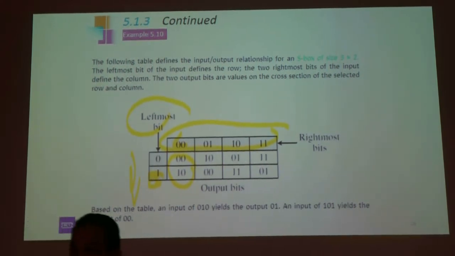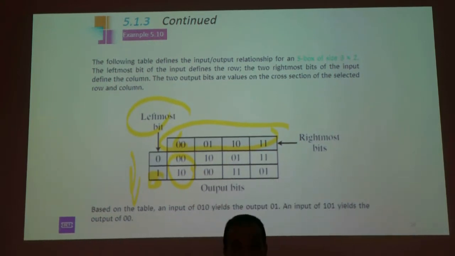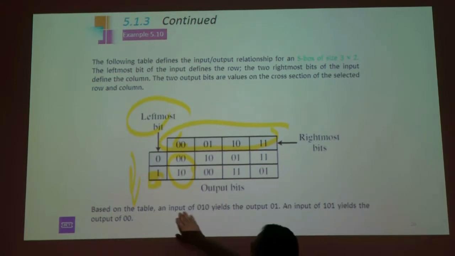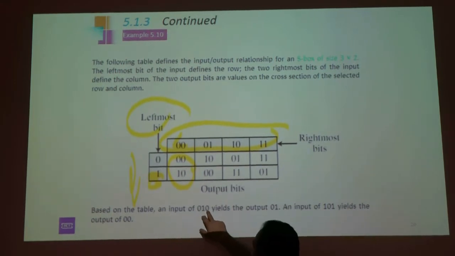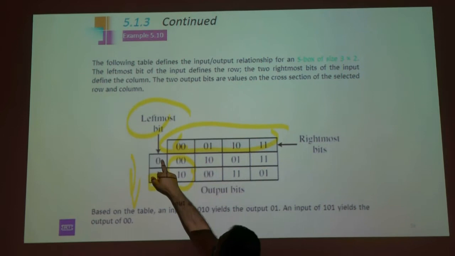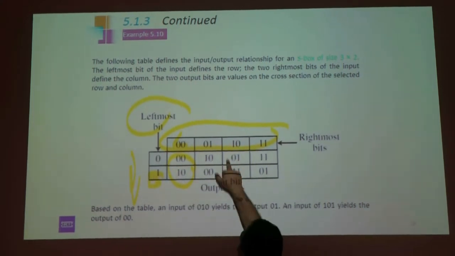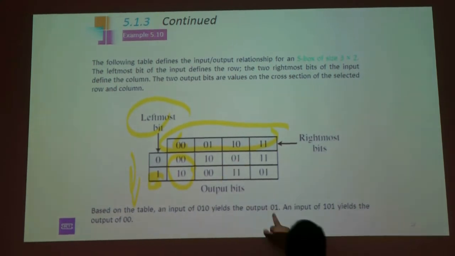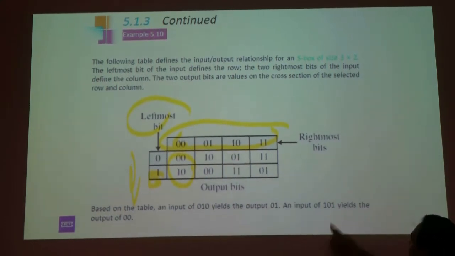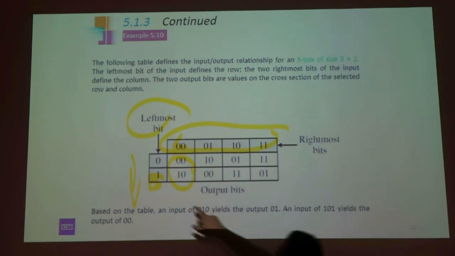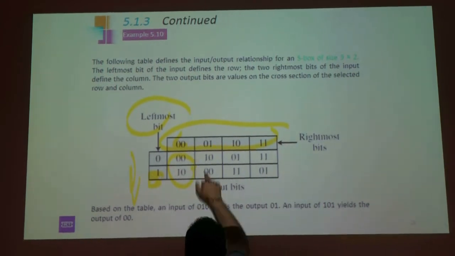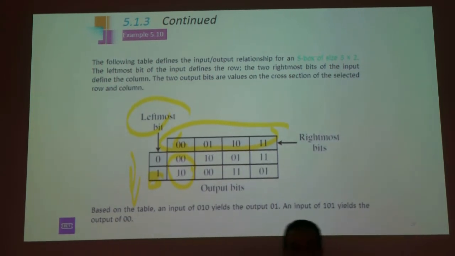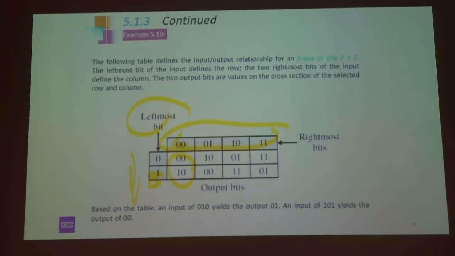Compression. I'm substituting 3 with 2, right? Based on the table, an input of 0 1 0 gives you 0 1. An input of 1 0 1, where is it? The result will be 0 0. Simple. All right? Good.